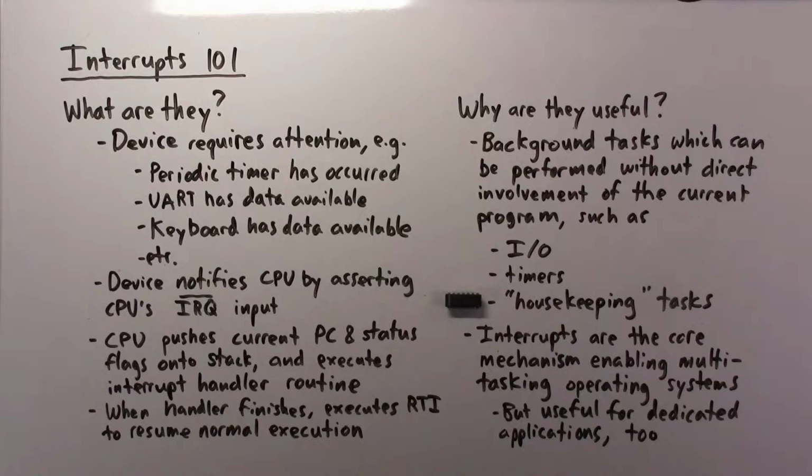Because interrupts are handled automatically, they simplify application design by allowing a clean separation of program logic and interfacing with the underlying hardware. Second, interrupts are the core mechanism enabling multitasking. For example, a system supporting a periodic timer interrupt could use the timer interrupt to switch between multiple concurrent tasks. However, even though interrupts are useful for multitasking, they can be just as useful for single applications.